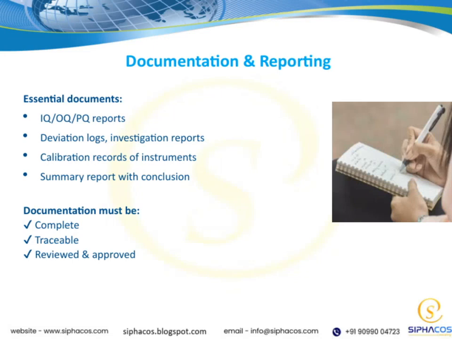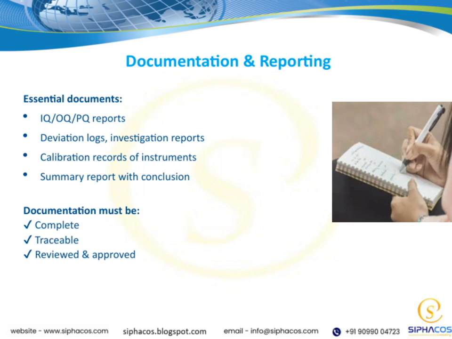Let's talk about documentation and reporting, which is a crucial part of ensuring quality and compliance. First, we'll focus on the essential documents that you need to keep track of. These include IQ, OQ, and PQ reports. These are your installation, operational, and performance qualification reports that verify systems and processes are functioning as intended.